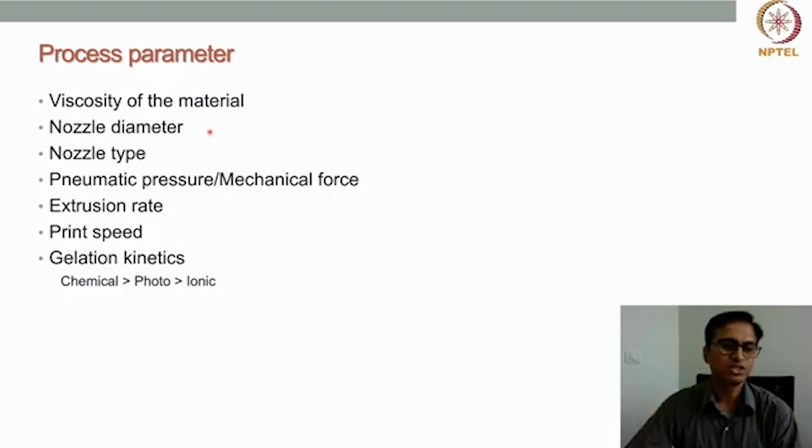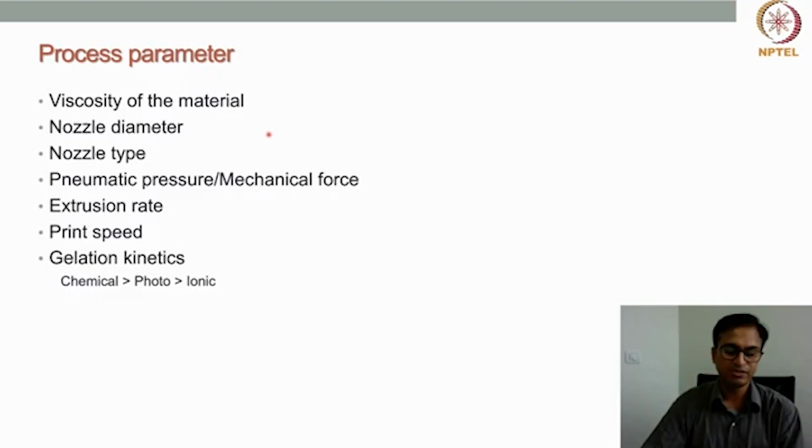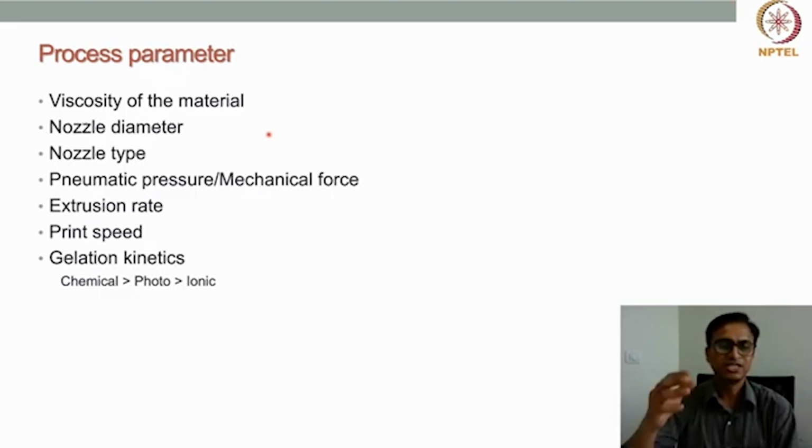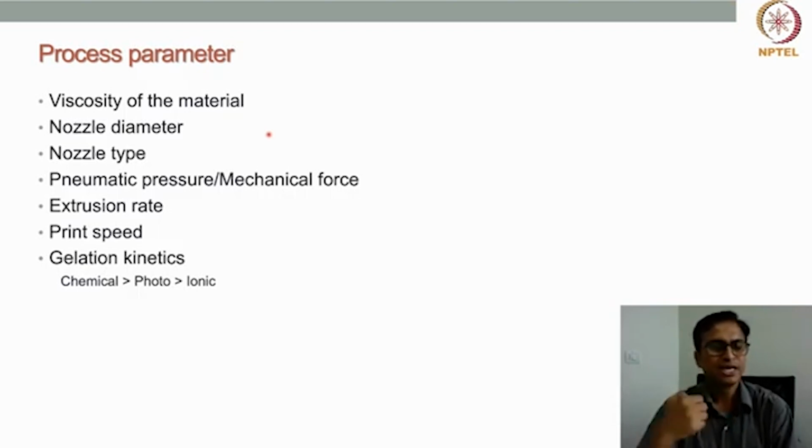But the one thing is, if we use a very fine nozzle, then what will happen? We have to apply a lot of pressure for extruding the material or extruding cells. That can sometimes cause cell damage, because of the shear force that is acting on the cells. So due to the shear stress, the cell can get damaged.